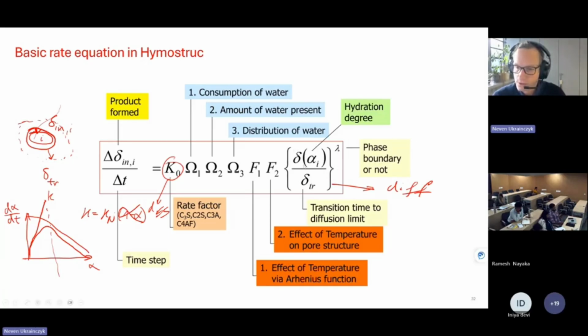So then you are reducing the initial rate with this ratio of the thickness of the shell to the threshold thickness. So the further away you are from the threshold thickness, the more you are reducing. And I think this is -1, so it's actually inverse.